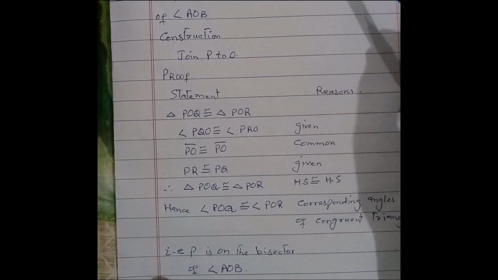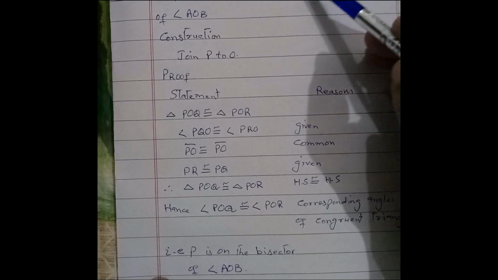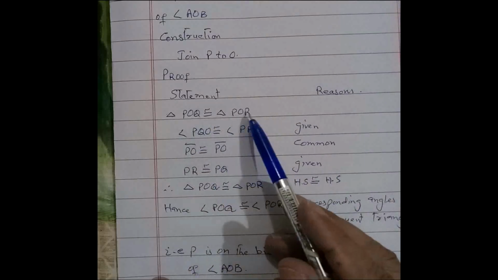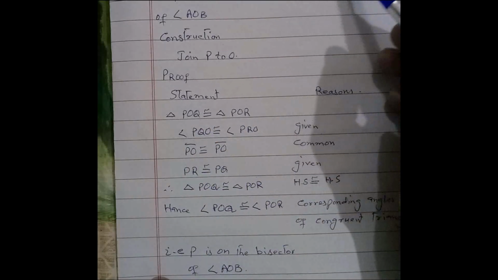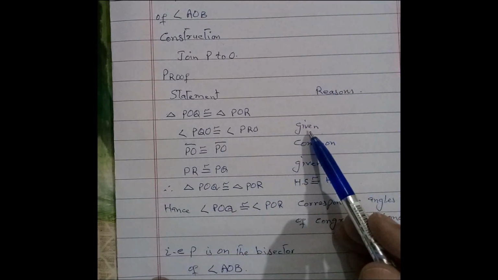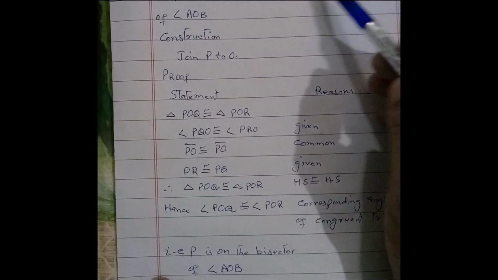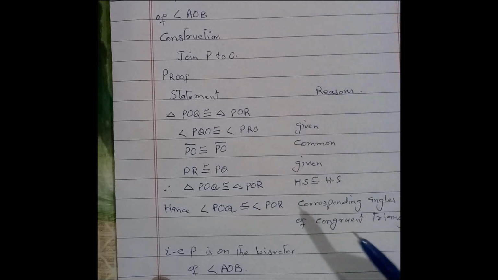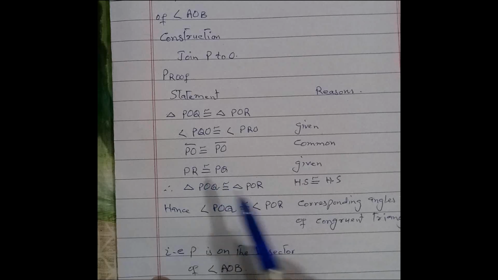Statement: the two triangles POQ and POR. Now we compare these two triangles in which angle PQO is equal to angle PRO, and it is given, because PQ is perpendicular to OB and PR is perpendicular to OA, and PR is equal to PQ.